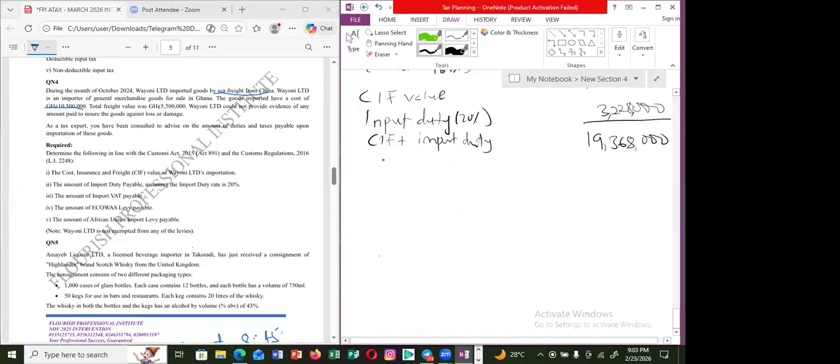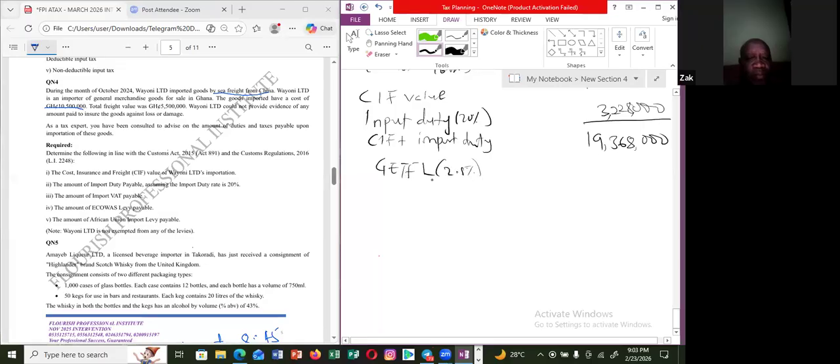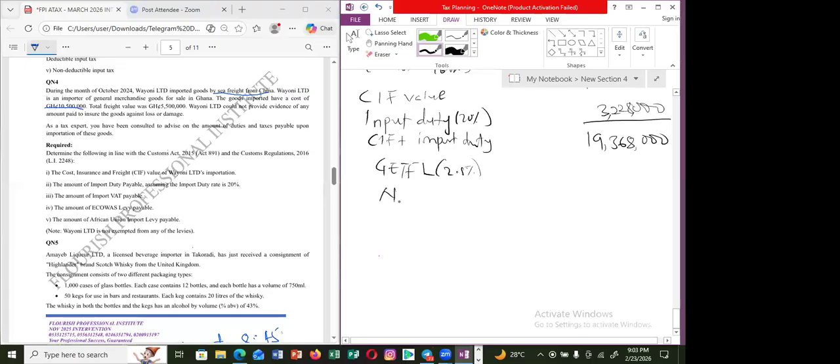We start with the GETFund levy. It's as simple as can get, 2.5%. Please find 2.5% for me. 484,200. Please come again. 484,200. Okay. So 484,200.